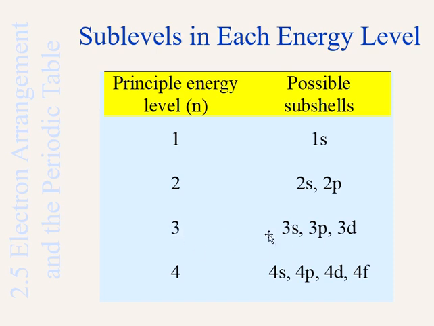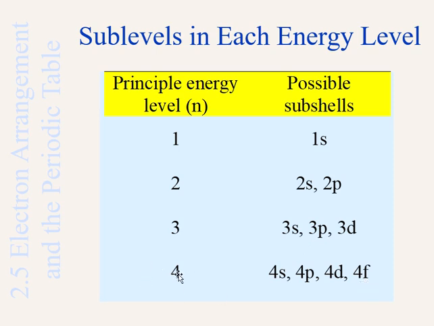You can do the same thing with principal energy level 4, but I will tell you how many electrons are possible in the f subshell. In the f subshell we have 7 orbitals and each one can have 2 electrons. So that's 7 times 2, 14. And the 4s, 4p and 4d put together should be the same number of electrons as 3s, 3p and 3d, which was 18. 18 plus 14 is 32 electrons.